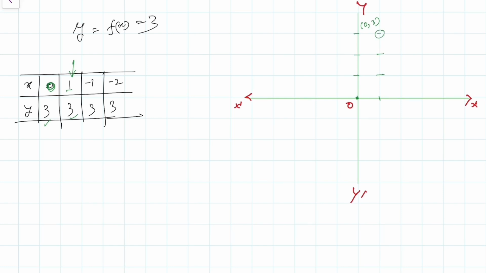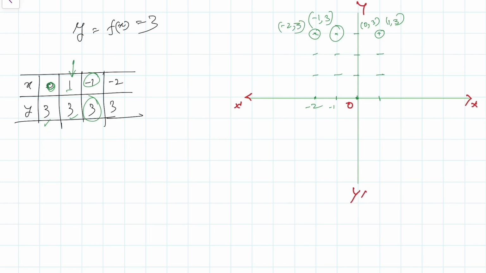This point is (1, 3). Next is (-1, 3). So this is -1, then 1, 2, 3. This point is (-1, 3). Similarly, if you put -2 here, this is -2, then 1, 2, 3. This point is (-2, 3).